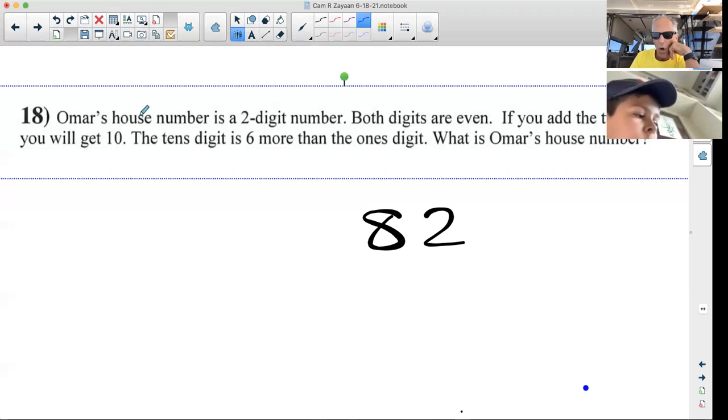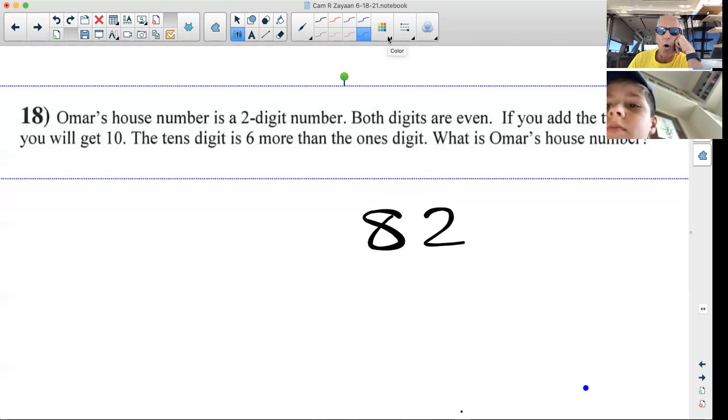Awesome job. Tell me why 82 is the best answer. You gave three answers overall, but why is 82 the right answer?